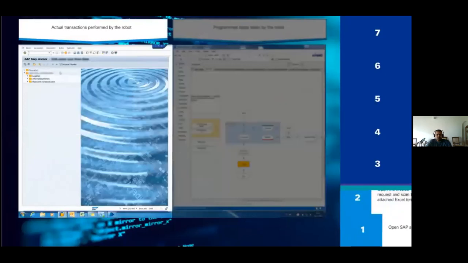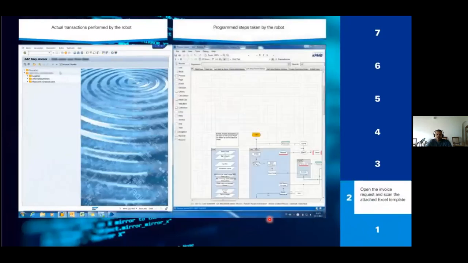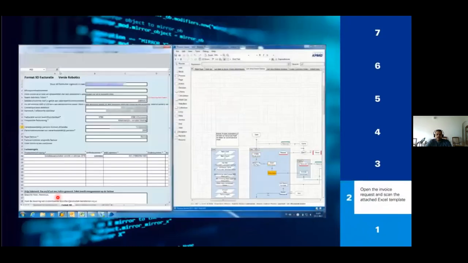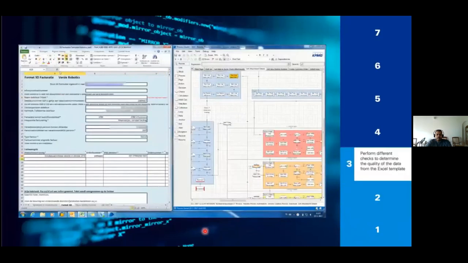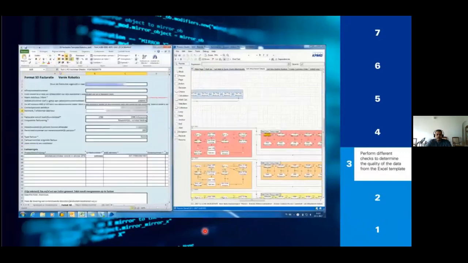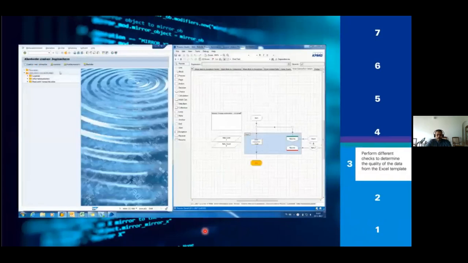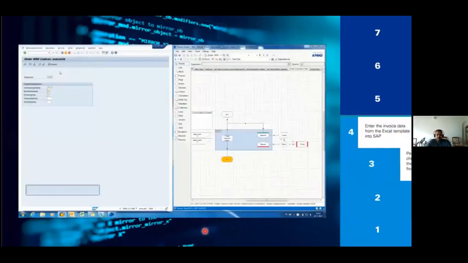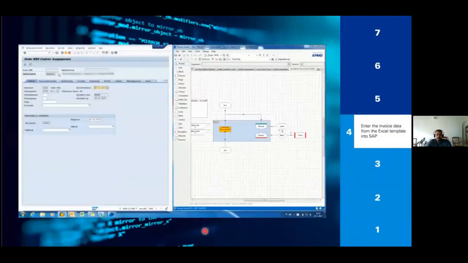An invoice request is received by the software robot via email. The robot opens the email and the attached Excel template and scans this thoroughly. Different checks are performed by the robot to determine whether the data from the Excel template is of a certain quality. The software robot runs the transaction code for the creation of invoices in SAP.